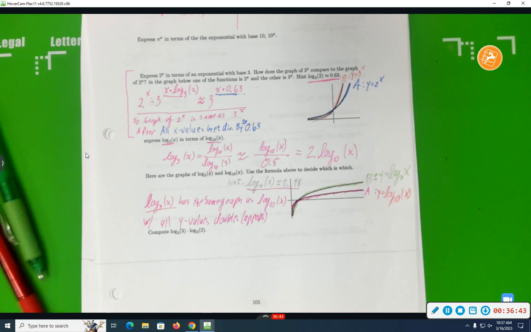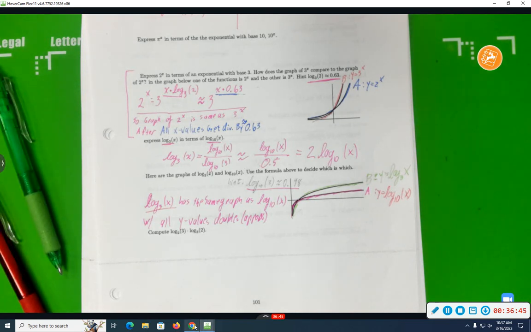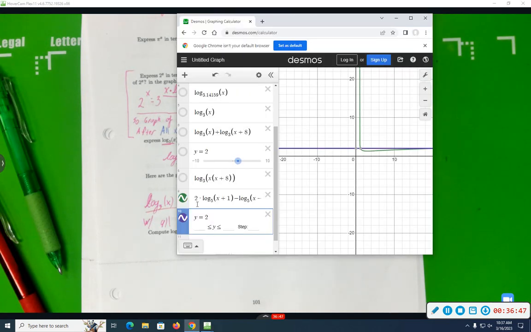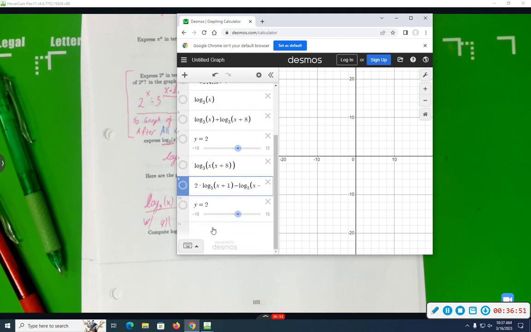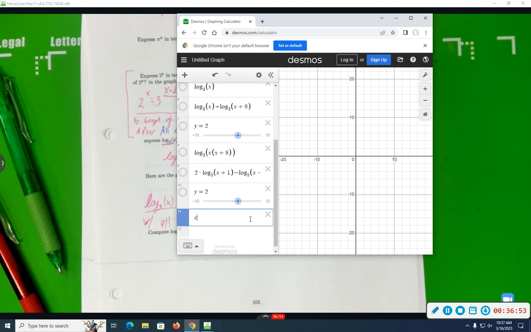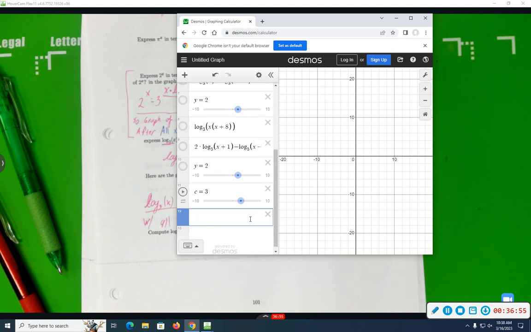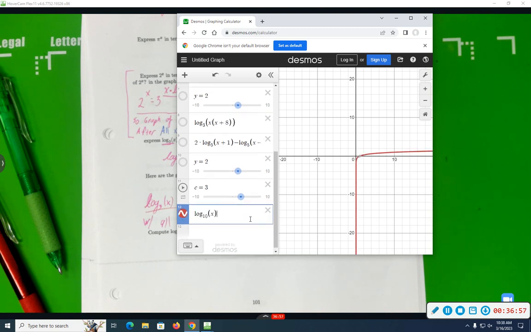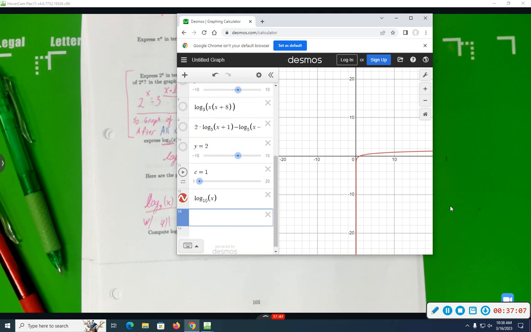And you know what? Let's go ahead and even just see it. So let's introduce some parameter c equals 3. Let's let c run from like 1 to 20. In red, I see the log base 10 of x.